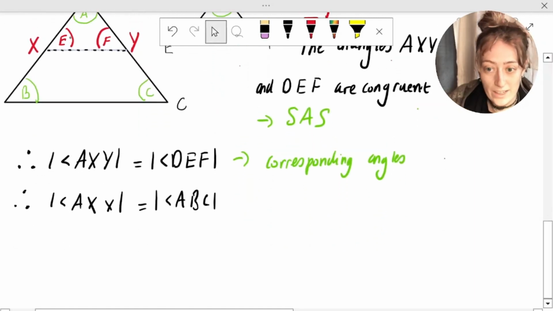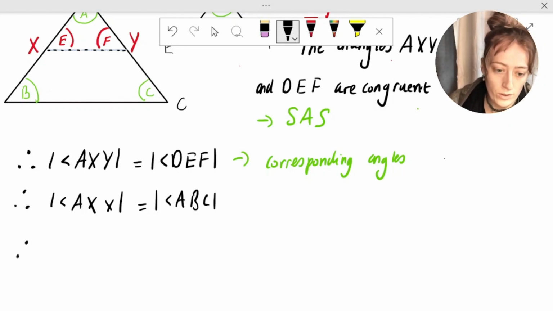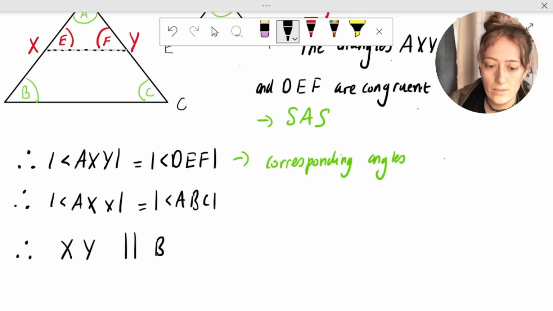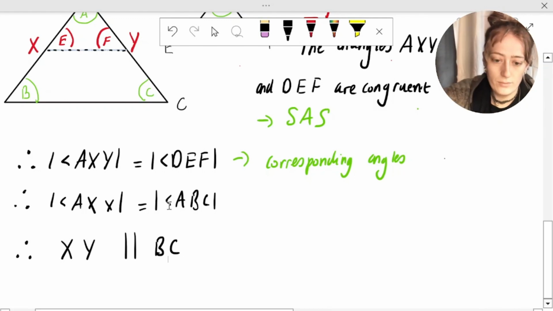Now, if angle AXY is equal to angle B, then from geometrical properties, this line XY must be parallel to the line BC. Okay, if these were parallel lines, these angles would have to be equal to each other. So because these angles are equal to each other, these lines must be parallel. So therefore, XY is parallel to BC. Now guys, the shorthand for parallel is just two straight lines next to each other. It means parallel. Okay.